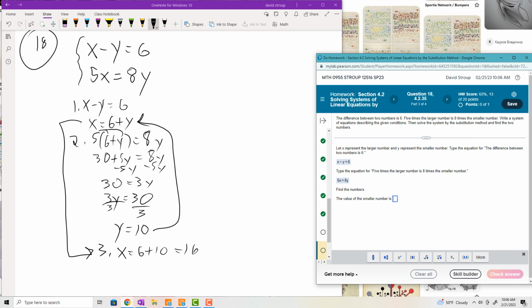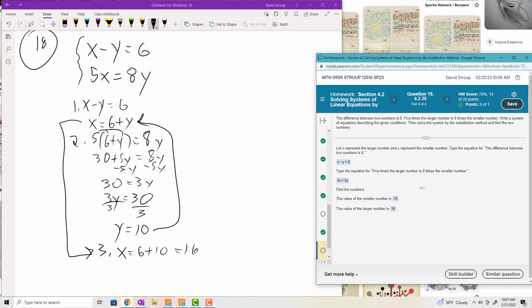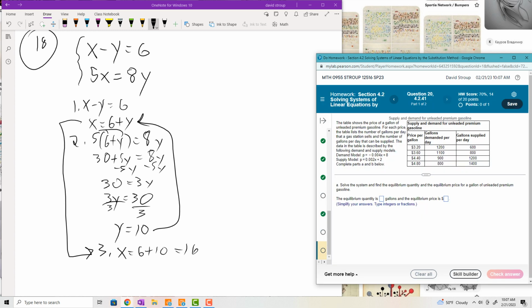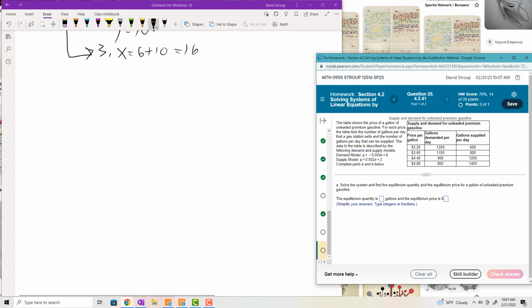Okay. Then the smaller number is 10, and the larger number is 16. Okay. So more of the same. It's another one of those, and then one of these.